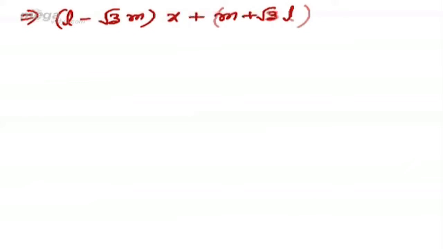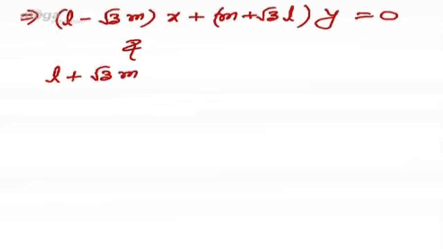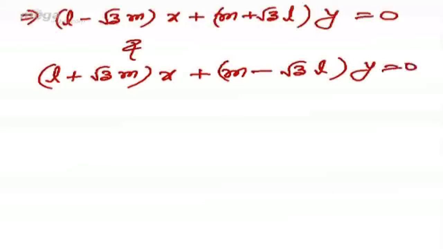So you will get L minus root 3 m x plus m plus root 3 l y equal to 0, and L plus root 3 m x plus m minus root 3 l y is equal to 0.